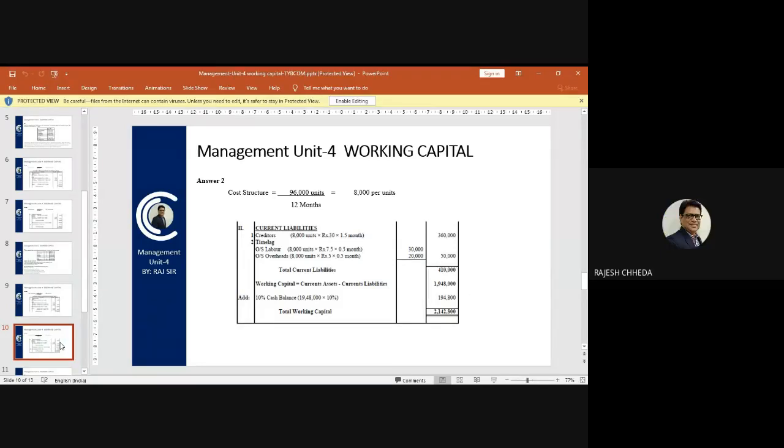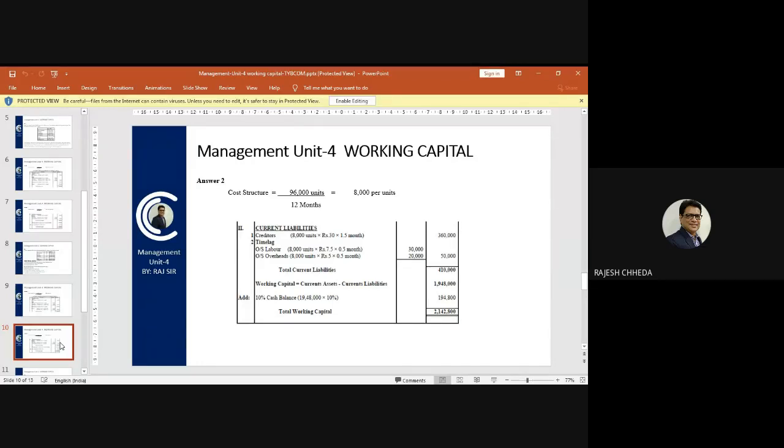So 3,60,000 is my creditors. And second, you know this thing, the time lag in payment of labor and overhead, meaning the calculation for outstanding labor and outstanding overheads is the next step which we need to do. 8,000 units, which is per month production and sales, into 7.5, that is the labor cost per unit given in the table, into half month.